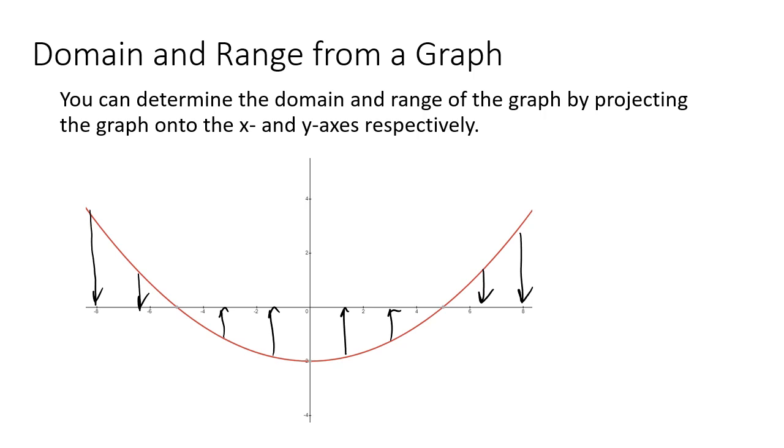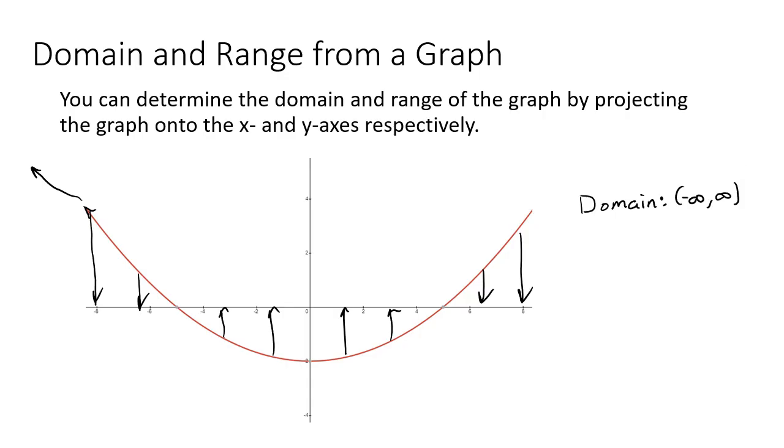And so if you project this graph down to the x-axis, assuming that it keeps going to the left and the right, then this thing is going to the left to negative infinity and to the right to positive infinity. So this graph would have a domain of all real numbers, right? Again, domain is basically the x value furthest to the left on the graph to the x value furthest to the right.